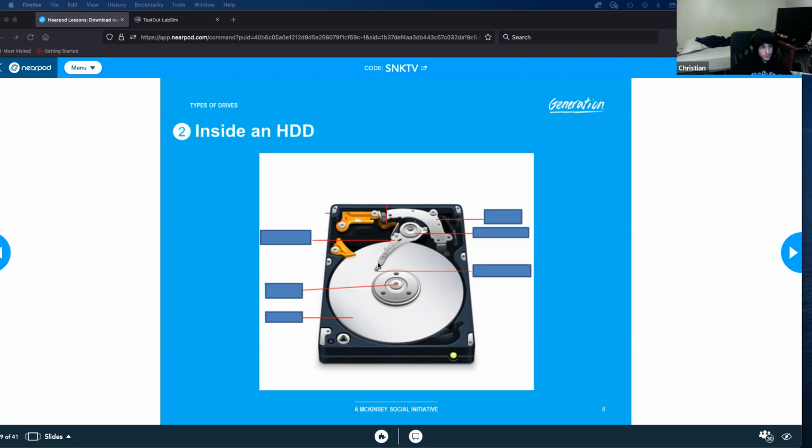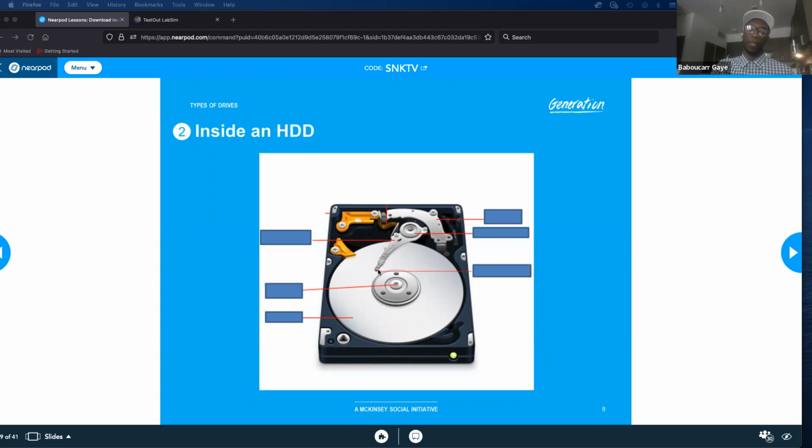Is it the arm? It's not the arm, it's the tip right here. Is it the actuator? No, not quite, but we're getting close on the connections. We're knocking on the right doors here. The head. That's the head. What does it do?